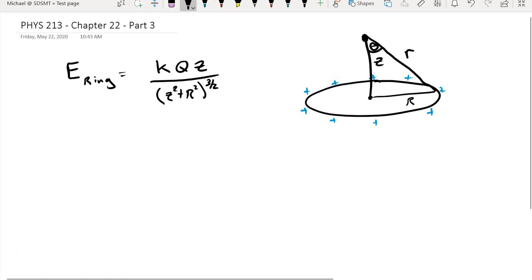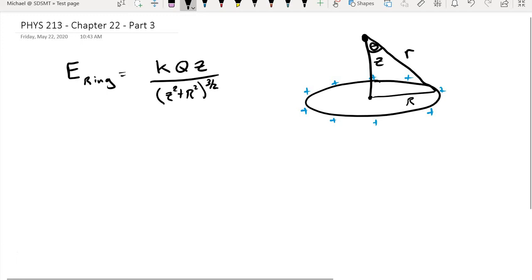But if we can measure big R and Z, which are actually going to be easier to measure than little r and theta, then if we do need to make any changes to the system, it's actually quite easy to calculate the new value of little r and theta from the values of z and big R. And so that's why we have the ring expression as we see it here on the screen.